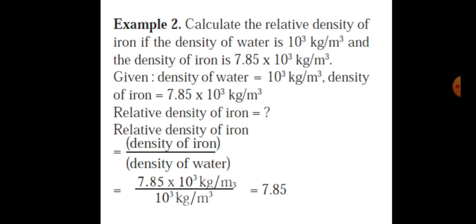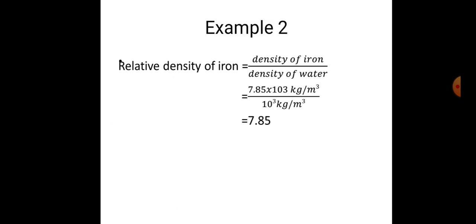So the calculation part I will explain to you in the next slide. Relative density of iron is equal to density of iron upon density of water. Now density of iron is given as 7.85 multiplied by 10 raised to 3 kilogram per meter cube, and it has to be divided by density of water, which is given as 10 raised to 3 kilogram per meter cube.